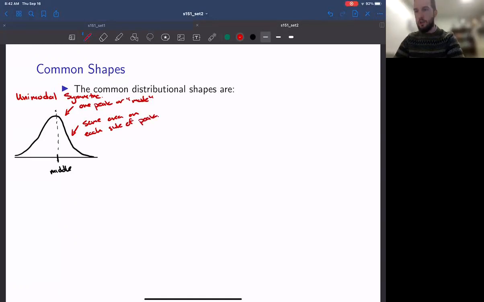So symmetry basically just means that based off of the location of the mode, you have the same amount of area on each side. Now, there is a situation where this wouldn't necessarily be true, so it's better to say based off of the middle, you have the same amount of area on each side.